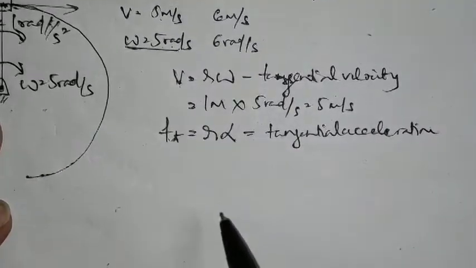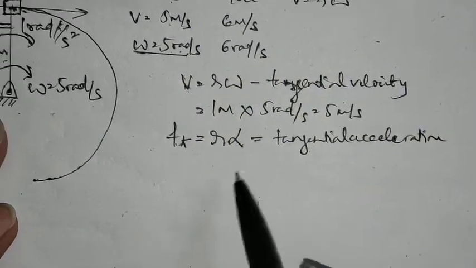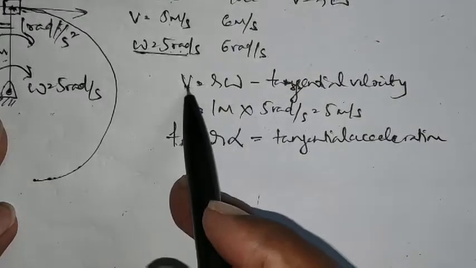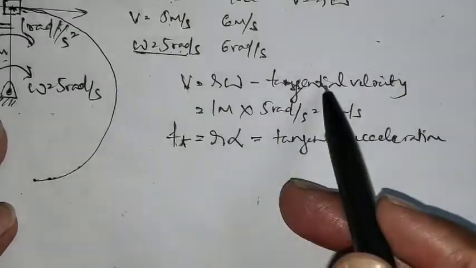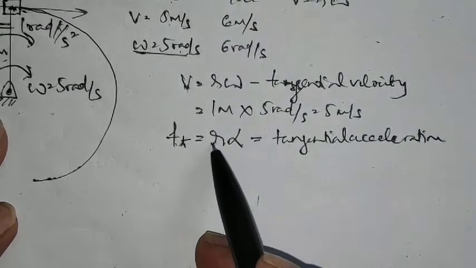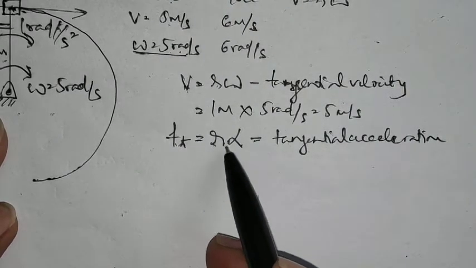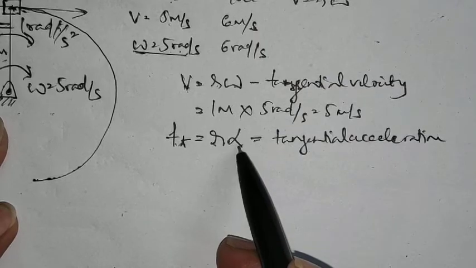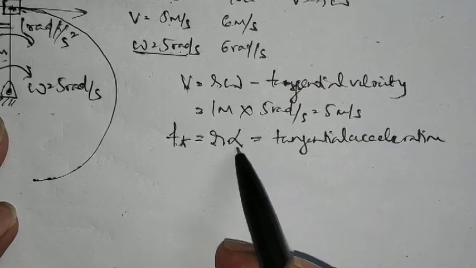So tangential acceleration is f_t, similar to velocity. This is the tangential velocity, which is r into angular velocity. Here tangential acceleration is r into the angular acceleration.